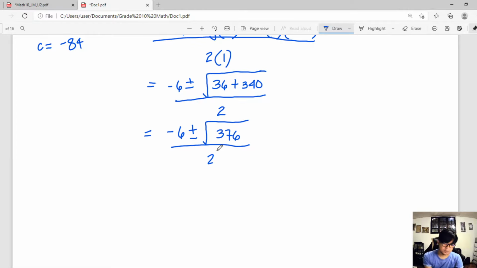Is the square root a perfect square? It doesn't seem like 372 is a perfect square. The square root is approximately 19.36.